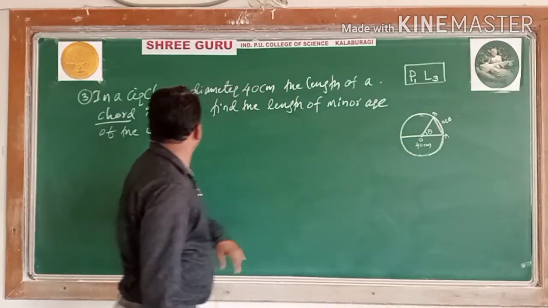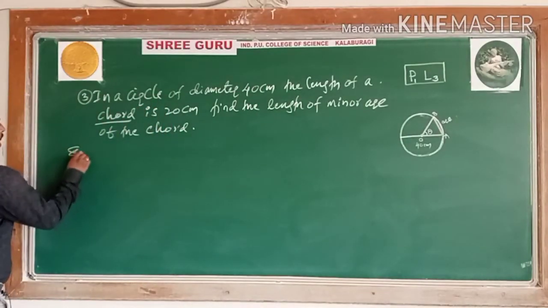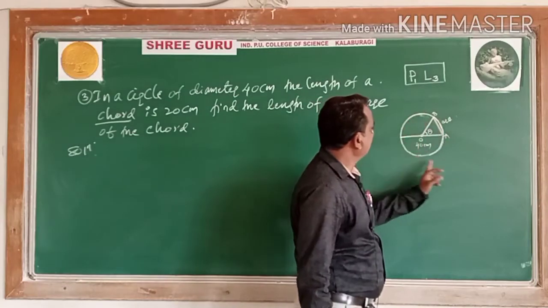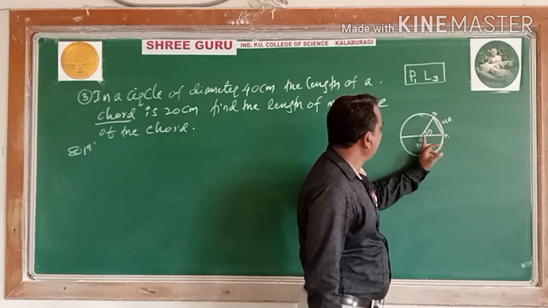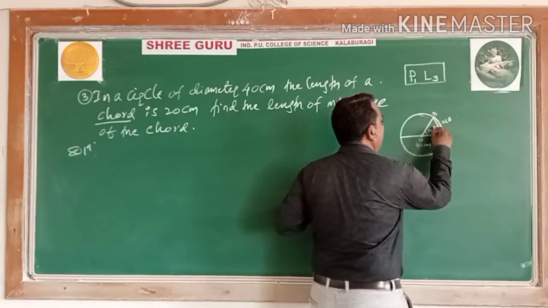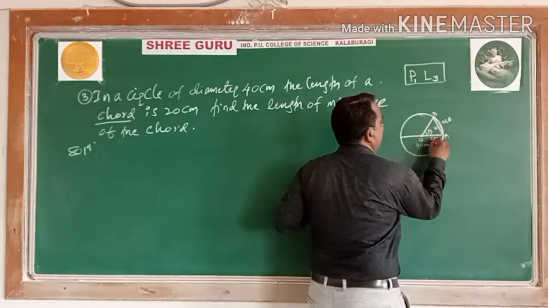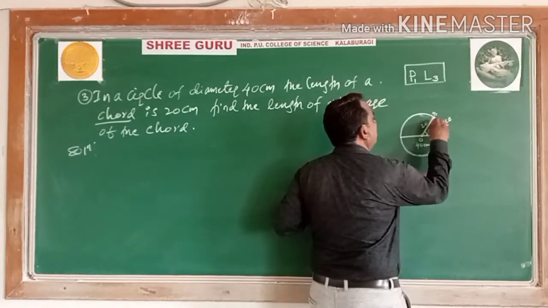Now see, students. After seeing this circle, how many centimeters is the chord given here? 20. The diameter is how much? 40. What are OA and OB? 20.